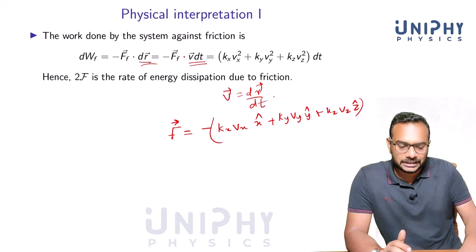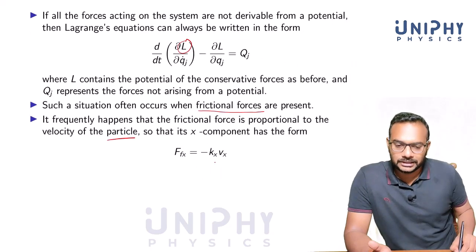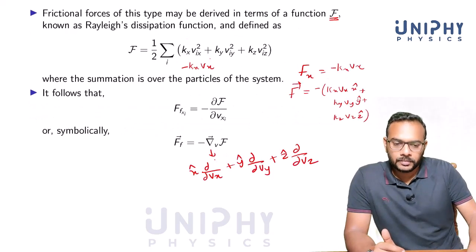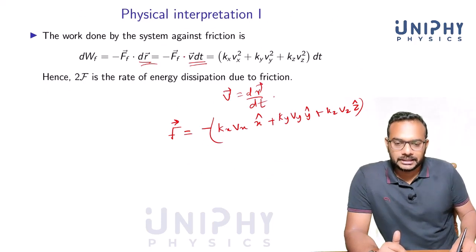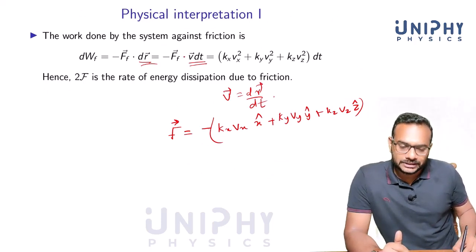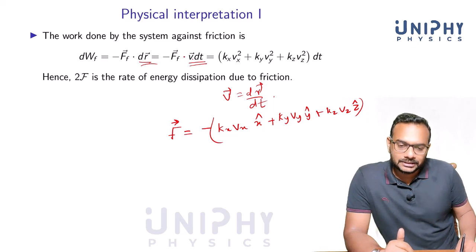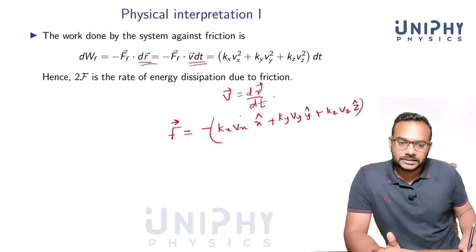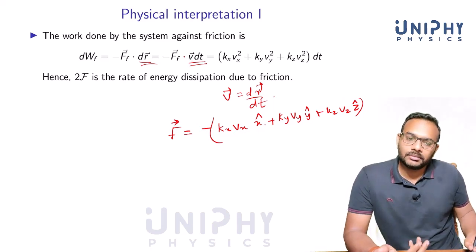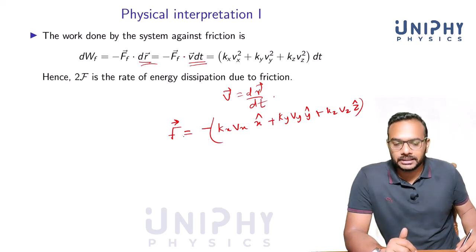We said that f vector has this form. This is the x component, and there's a minus sign there. That minus sign cancels with this, and when you take the scalar product with v vector, you get kx vx square plus ky vy square plus kz vz square. That's what we have here.